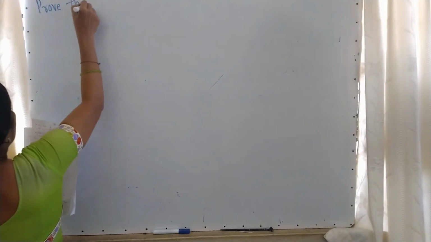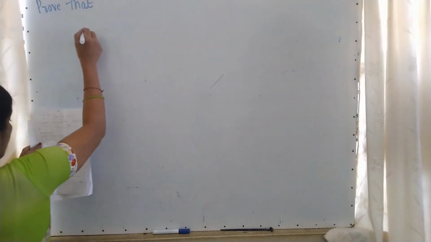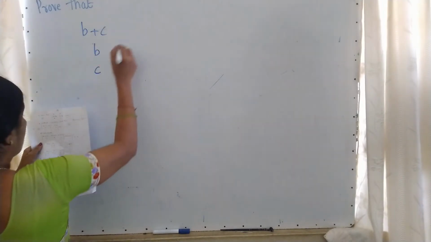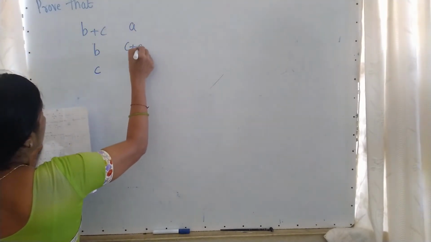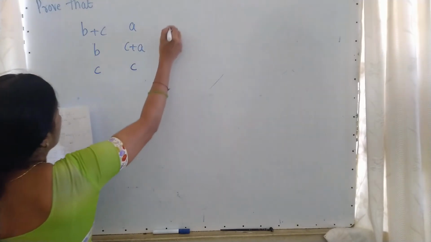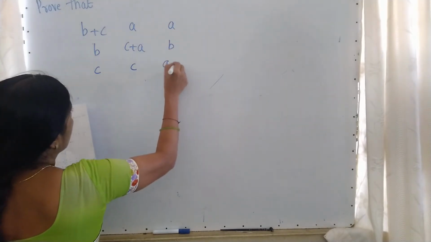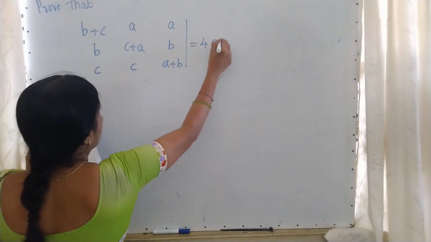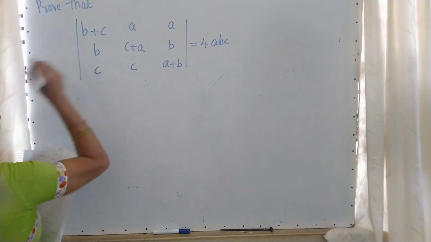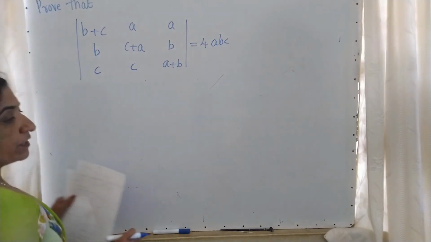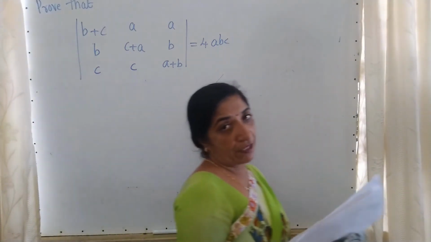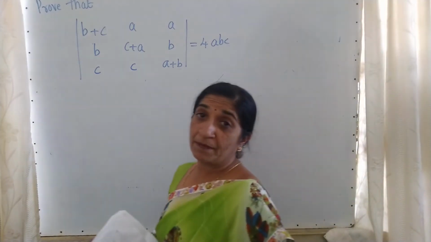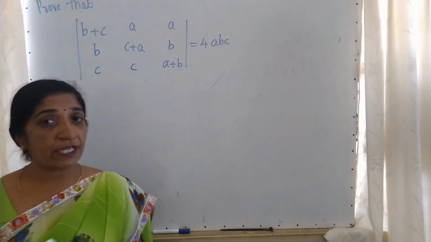Prove that the determinant with rows B plus C, B, C; A, C plus A, C; A, B, A plus B is equal to 4ABC. Here again as usual we have to start with the left side, and the hints whatever I gave are not applicable here because the question is totally different.